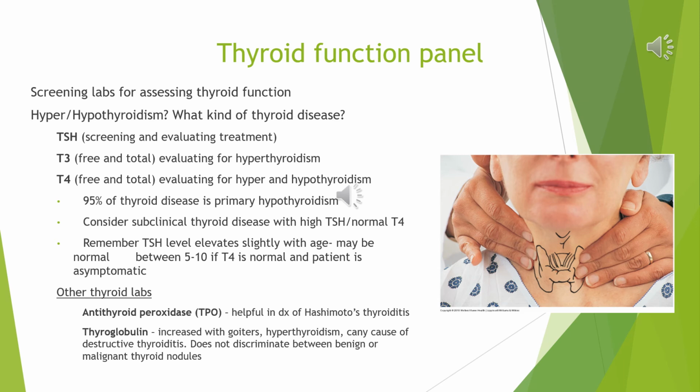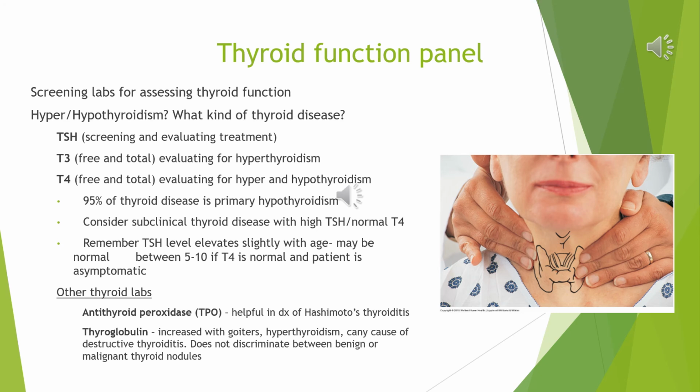You're going to see some variation in the TSH, especially in the upper range. What is normal? Most labs go up to 5 to be normal. You're also going to see some changes with age, and there's some controversy on whether our older patients with a serum TSH level between 5 and 10 really require treatment, especially if their T3 and T4 are normal.